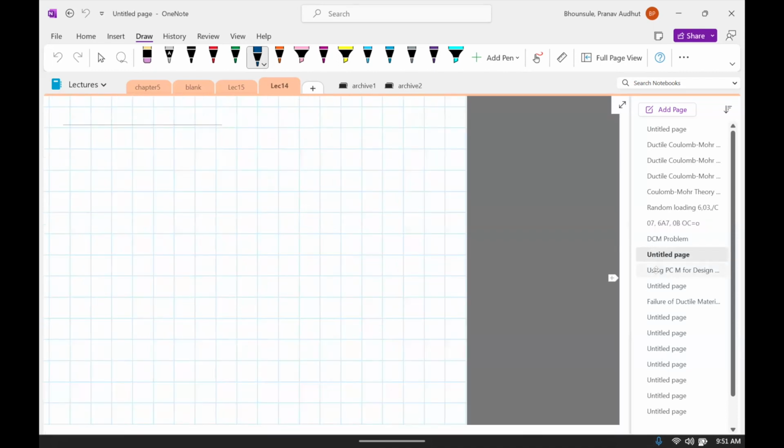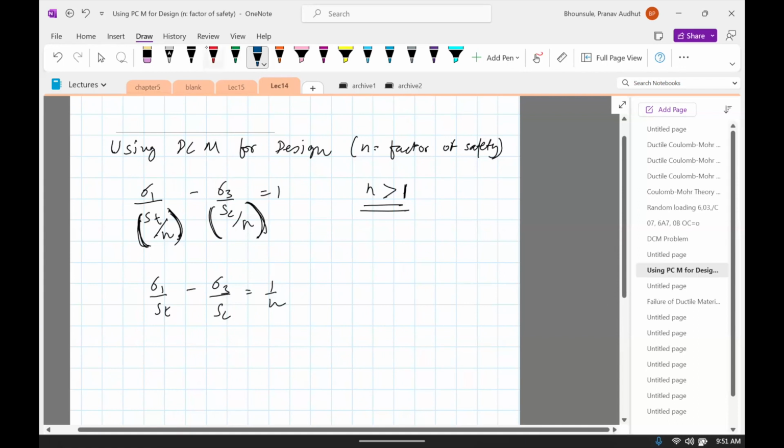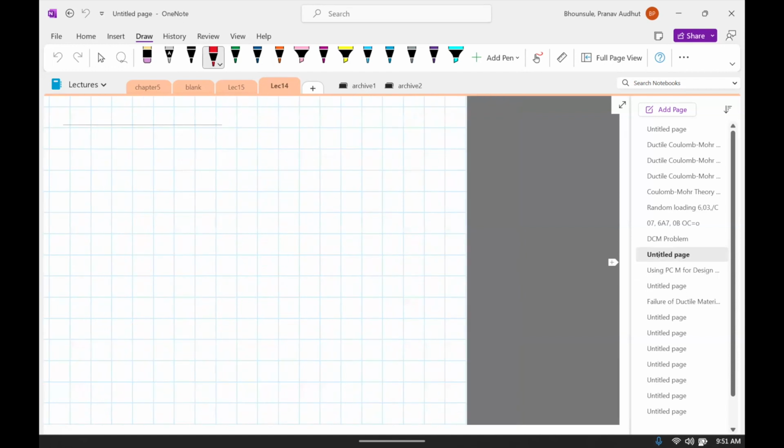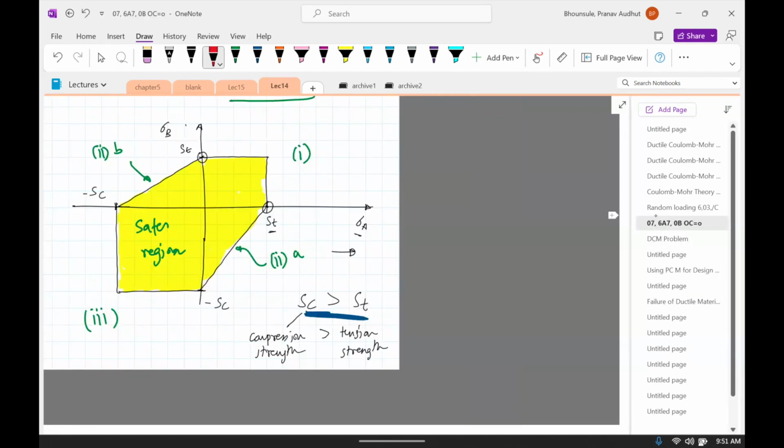Okay, so what this equation physically means is that on this particular diagram, introducing the factor of safety would change this contour to look like this.